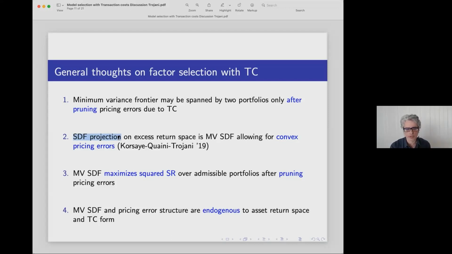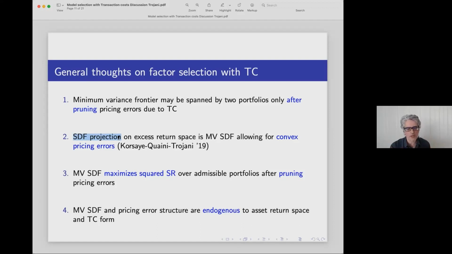That's the intuition. Okay? So once you do that, and once you have this benchmark, SDF with transaction costs, you can even think about trying to mimic this SDF with transaction costs using factors or assets subject to transaction costs. This would be the idea.